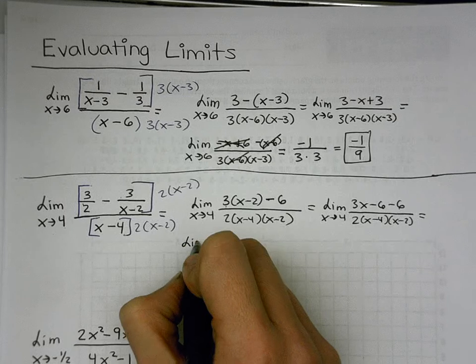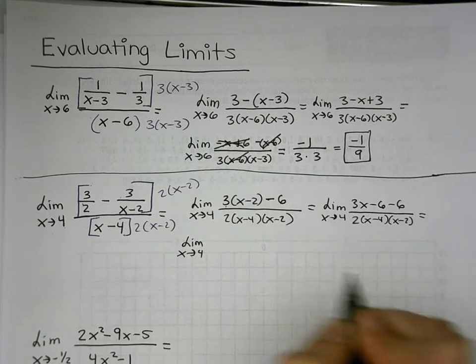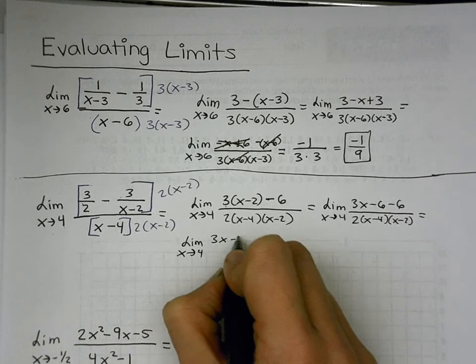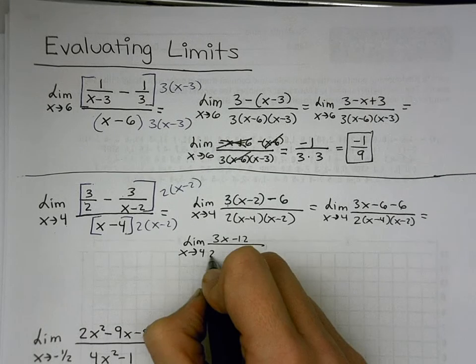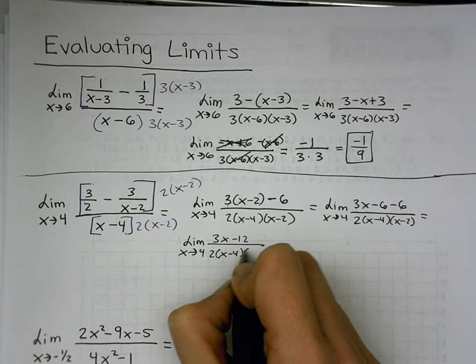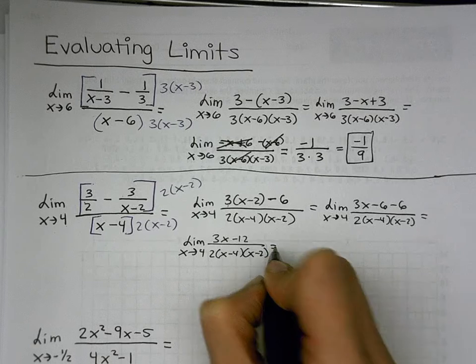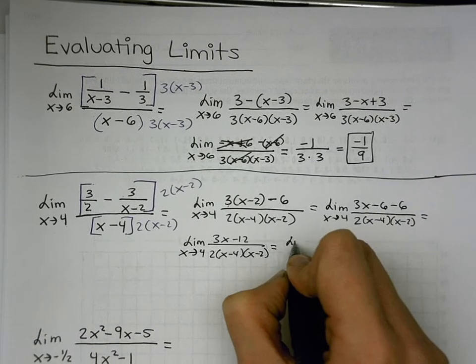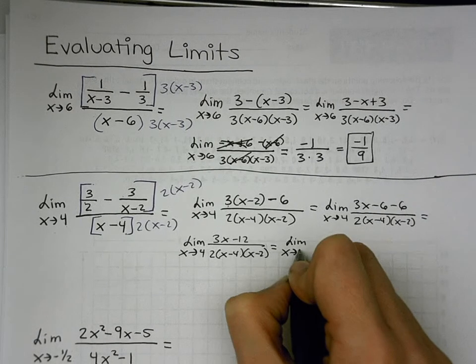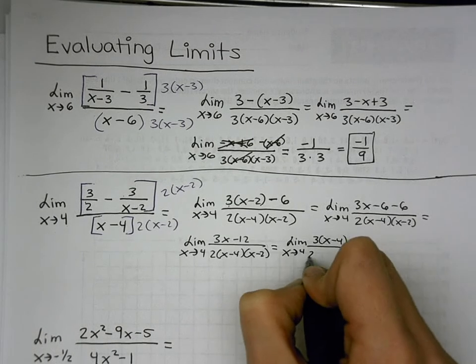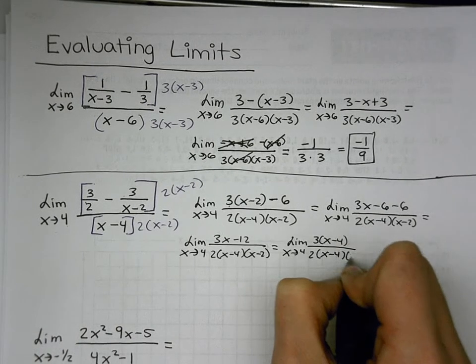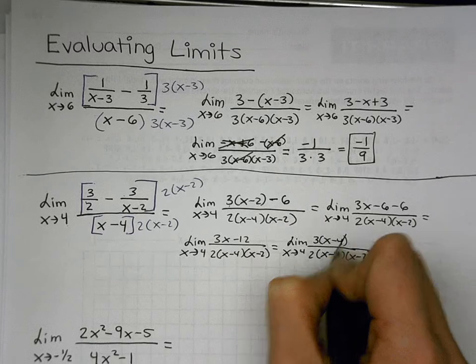Okay, this simplifies to 3x minus 12 over 2 times x minus 4 times x minus 2, which simplifies one step further, because if I factor out a 3 on that top there, I end up with 3 times x minus 4 over 2 times x minus 4 times x minus 2. Those x minus 4's can cancel.